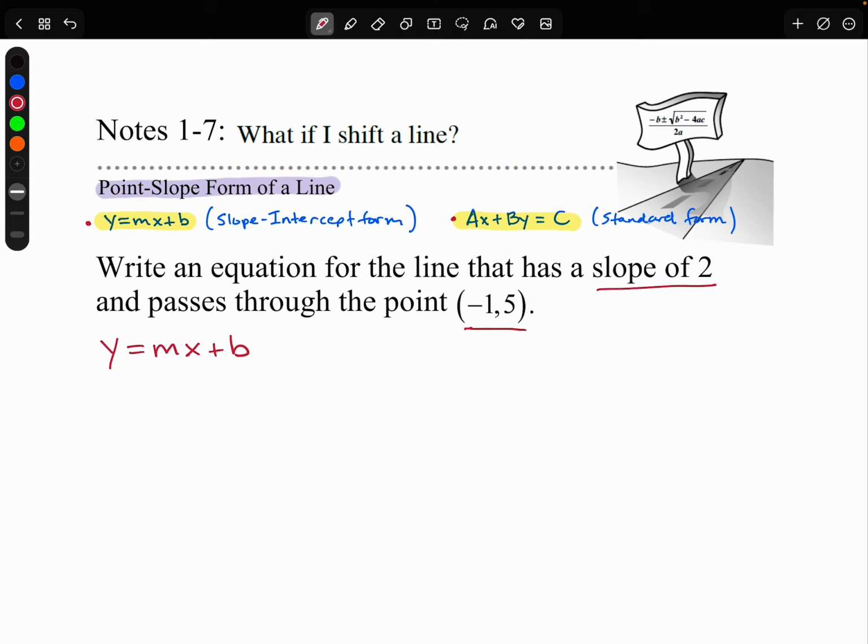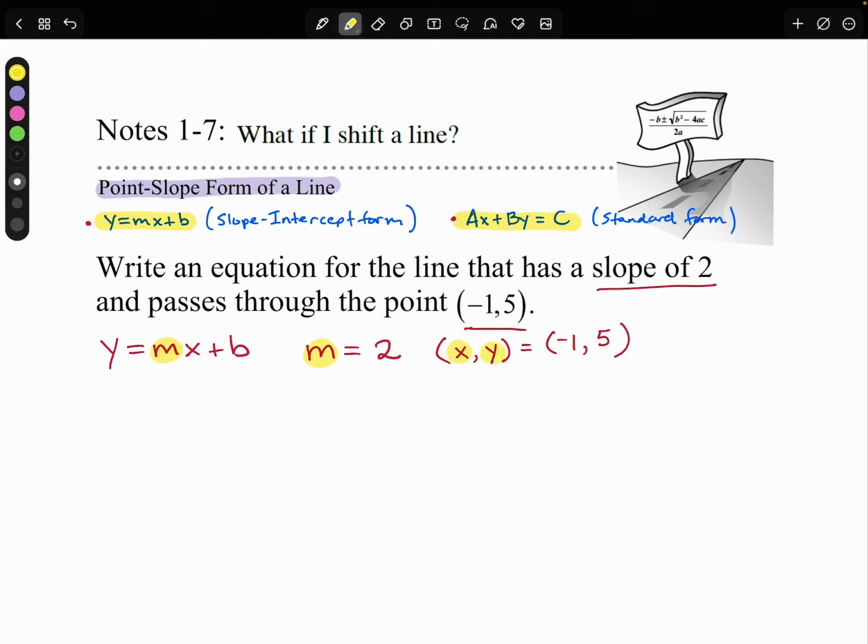We're going to write our equation in this form using the information we've been given. So we know right now that we have a slope of 2, and we have that point -1, 5. And remember, that's just an ordered pair, right? So we know that the x is -1 and the y is 5.